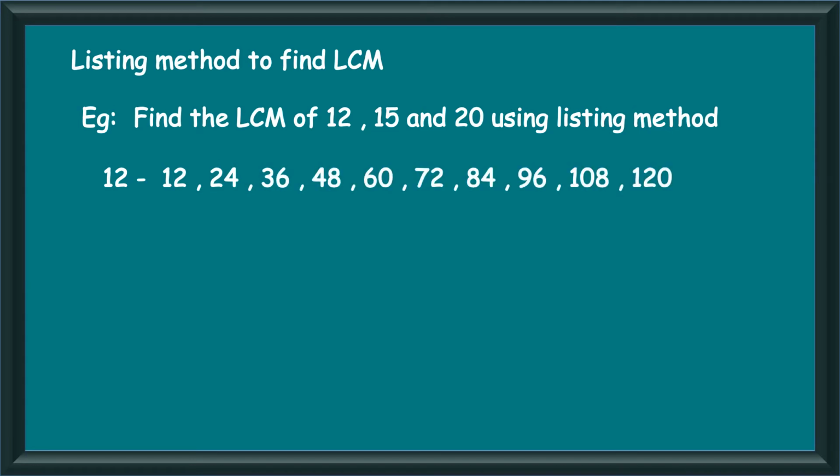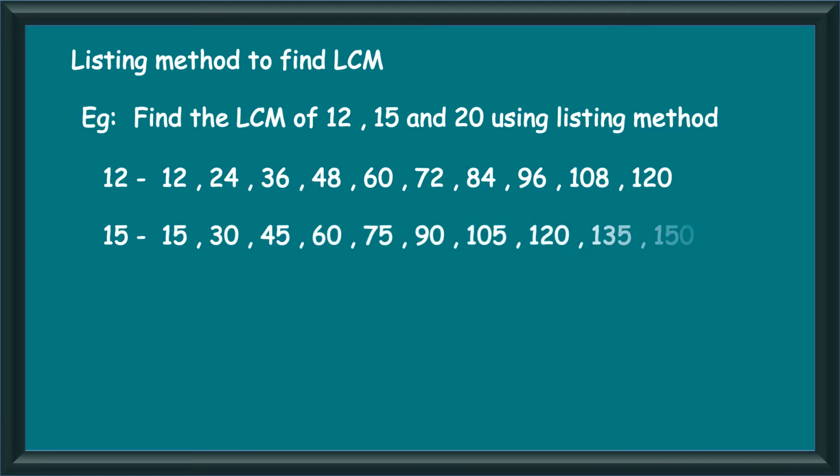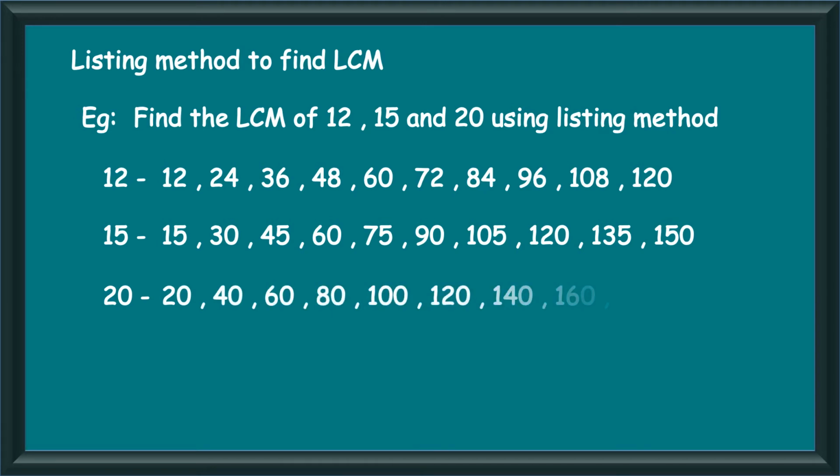The first 10 multiples of 15 are 15, 30, 45, 60, 75, 90, 105, 120, 135 and 150. And the first 10 multiples of 20 are 20, 40, 60, 80, 100, 120, 140, 160, 180 and 200.